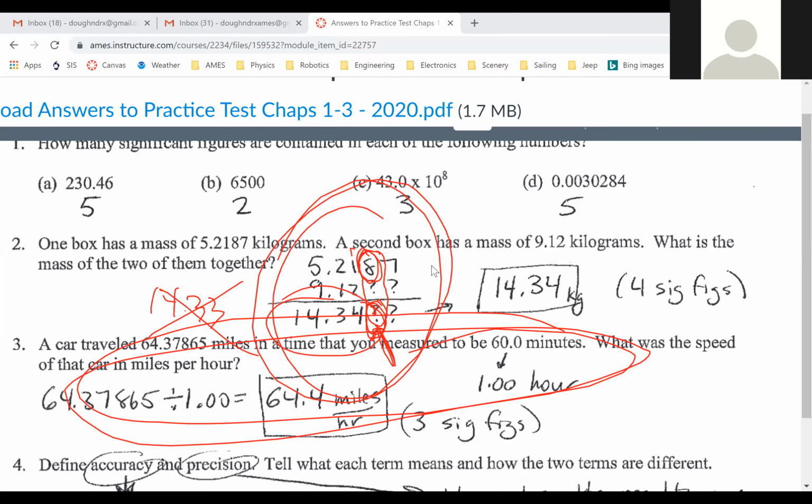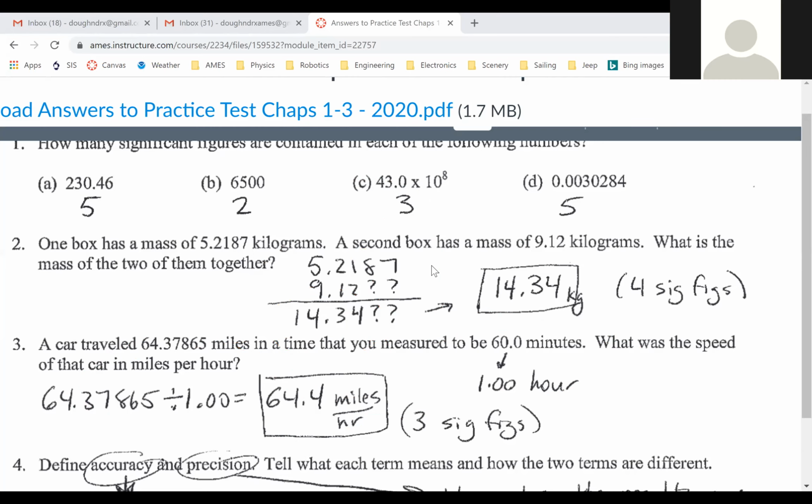So would you round, instead of, you're rounding 8 up to 10 instead of 9? Well, I'm doing the rounding right here. Let me write this number down for a sec, because I'm going to open up a white screen so I can have more room. 5.2187 and 9.12.